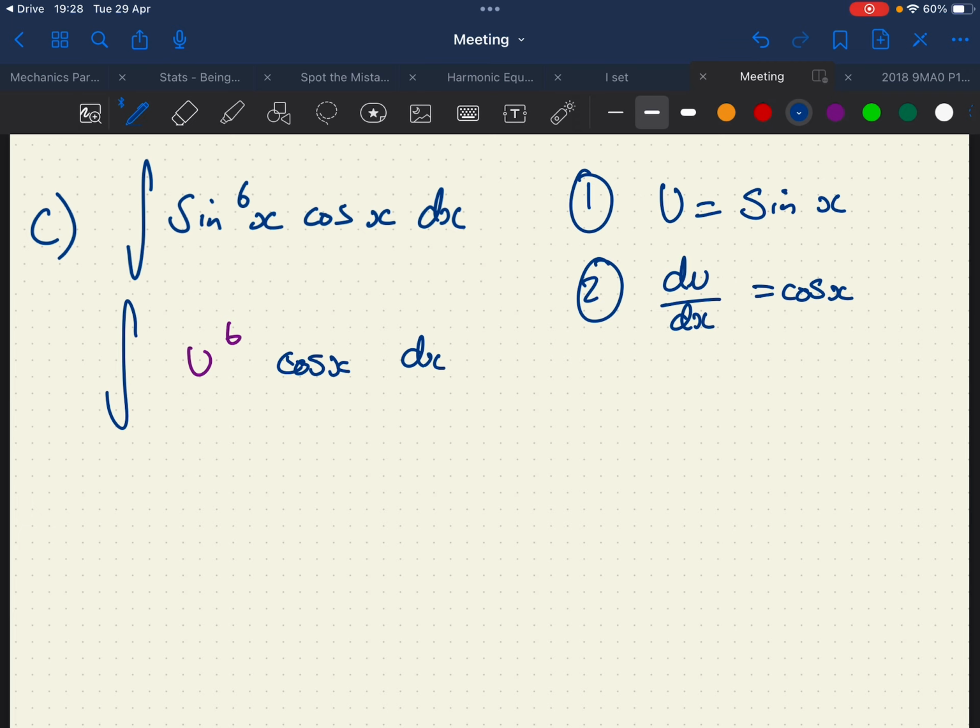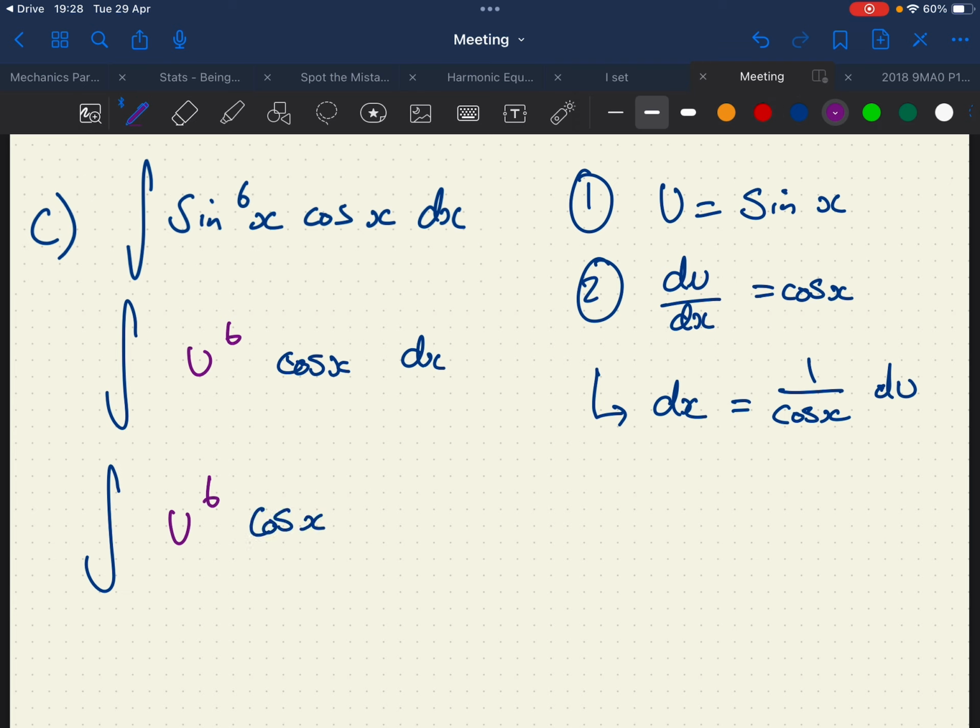But then when we get the dx bit on its own, what we'll find is dx equals 1 over cos x du. So we're going to have, again, a situation where something cancels out. Let's try that now. u to the 6, cos x, and dx is going to be replaced now with 1 over cos x du.